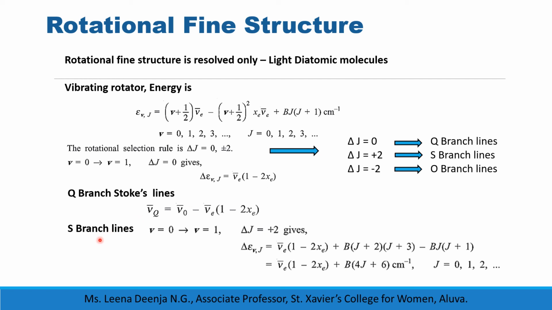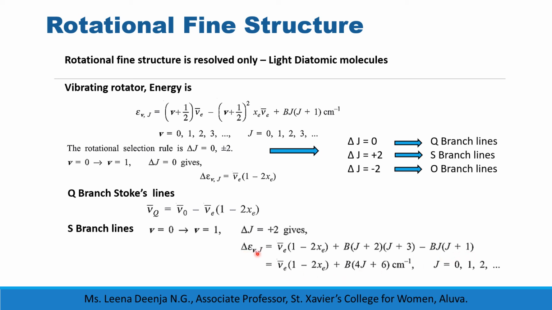And for the S branch line transition, here the V value changes from 0 to 1 and delta J also changes by plus 2. So the total energy change, delta epsilon of V and J, is equal to this energy change, nu bar E into (1 minus 2xe), plus the change in rotational energy, that is B into (J plus 2) into (J plus 3) minus Bj into (J plus 1).